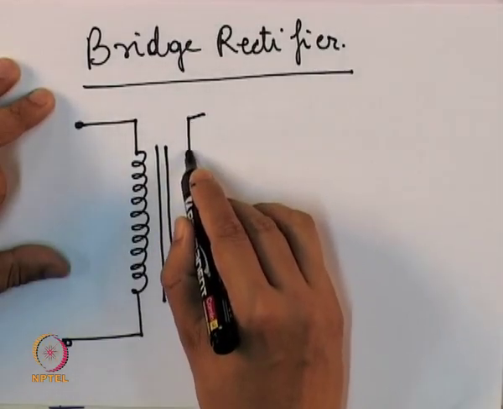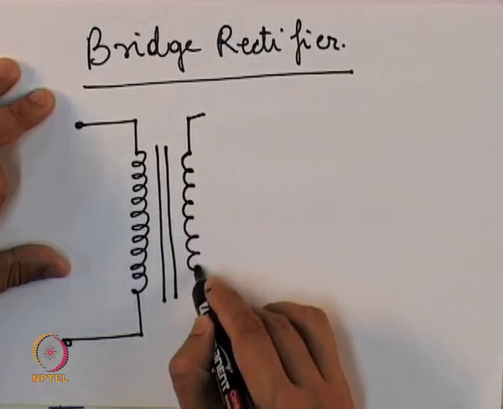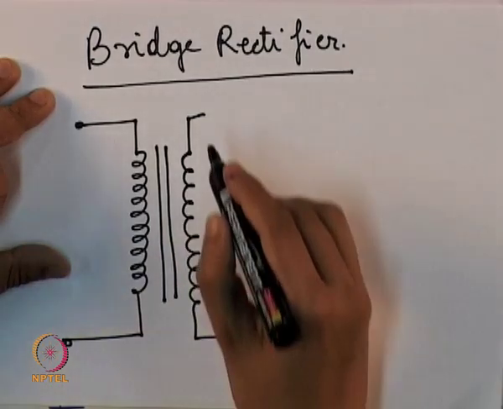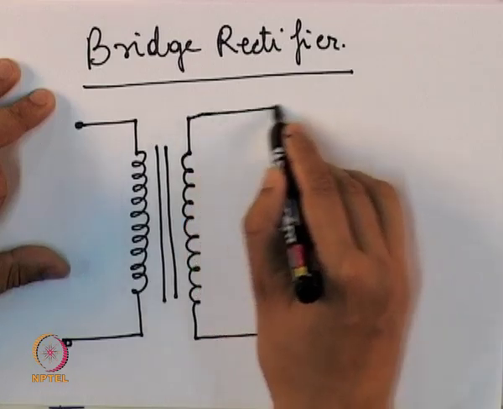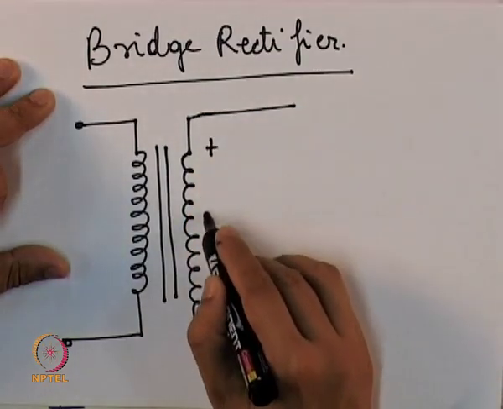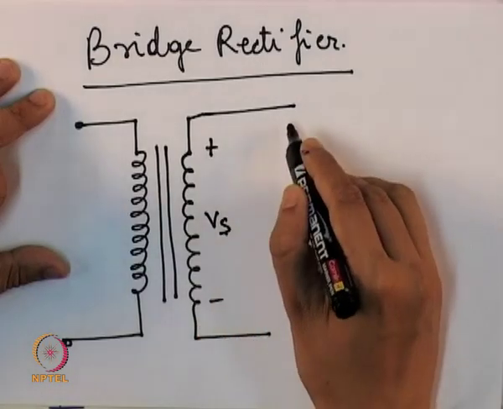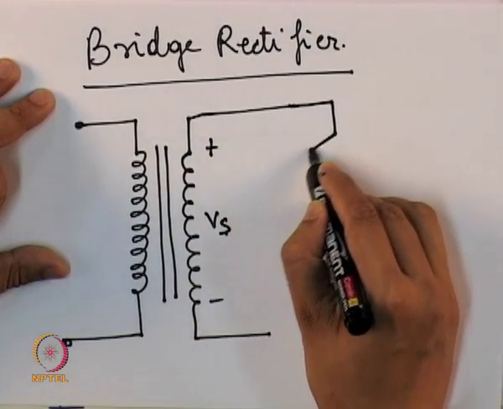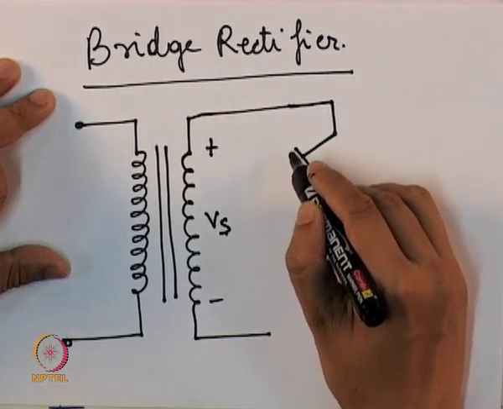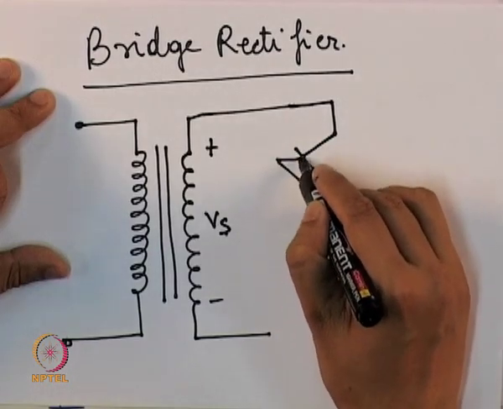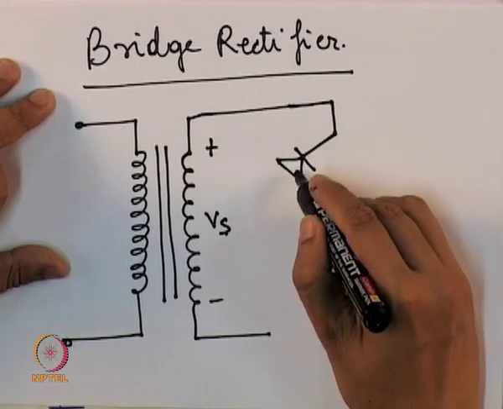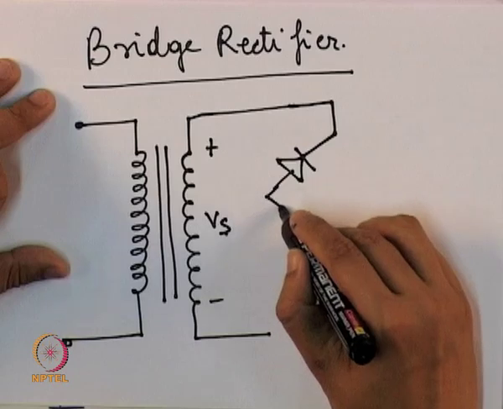Again we have a transformer which supplies a voltage of plus and minus Vs, and then we have a bridge circuit. The bridge circuit consists of 4 diodes connected as shown.